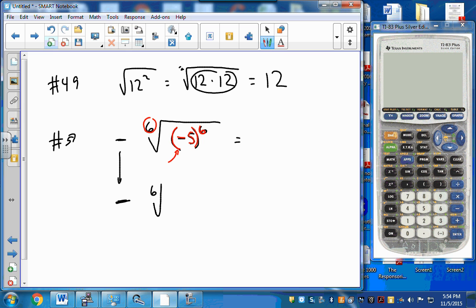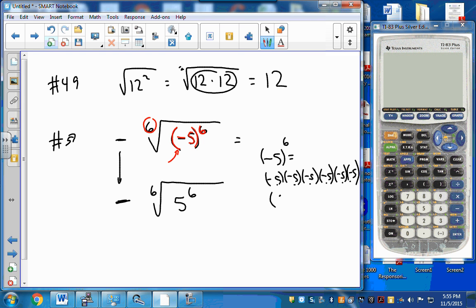I've got the 6th root of 5 to the 6th, right? Because negative 5 to the 6th would be negative 5 times negative 5 times negative 5 times negative 5 times negative 5 times negative 5. And if you just count 1, 2, 3, 4, 5, 6, there's an even number of negative signs. So that's the same thing as 5 by 5 by 5 by 5 by 5 by 5.